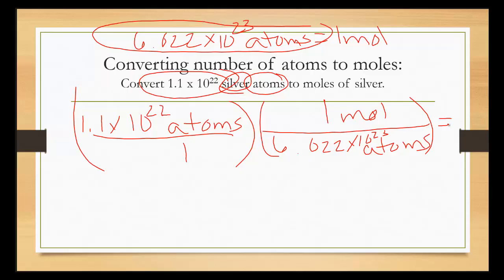That comes out to be 0.018 moles of silver. Once again, if you do not have this number, or 0.0180 somewhere around there, you need to figure out how to use your calculator properly.